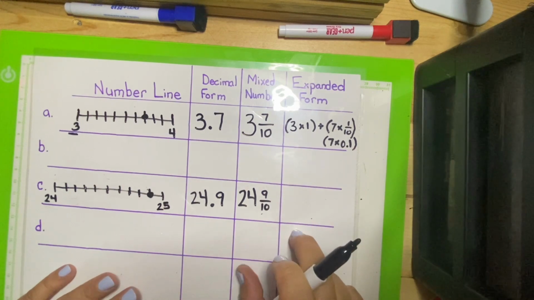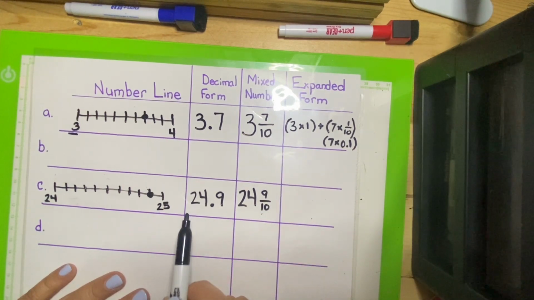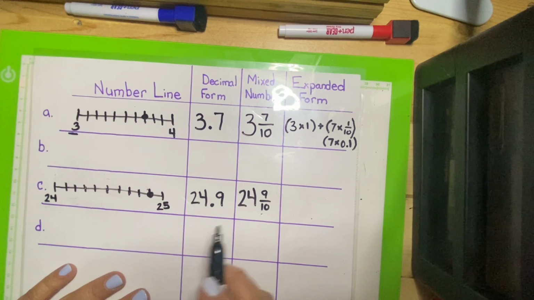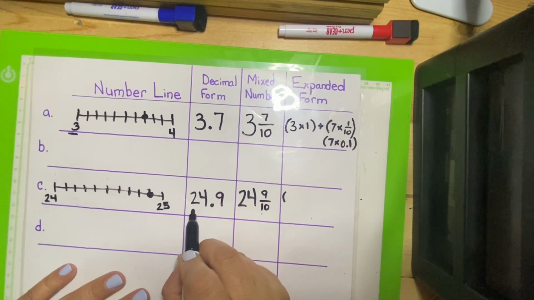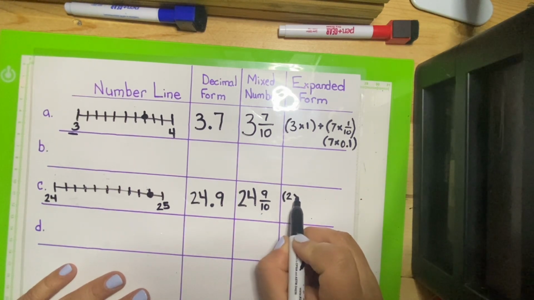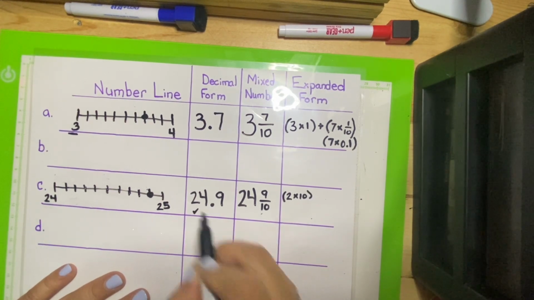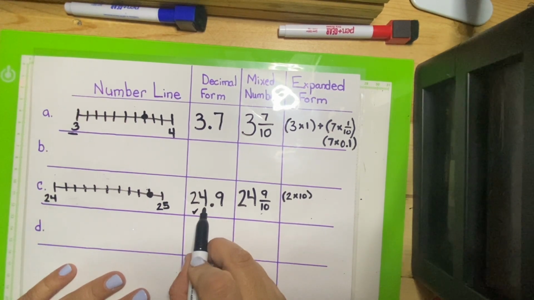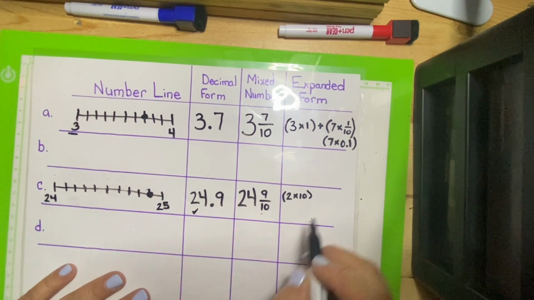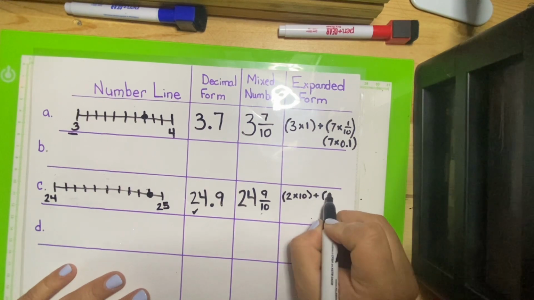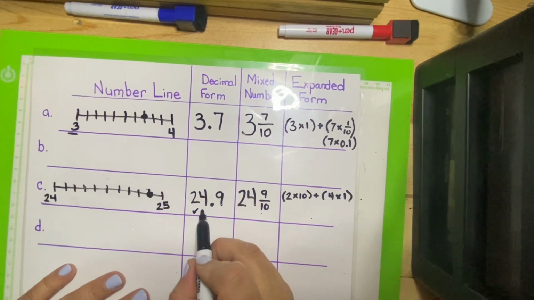And expanded form is a little bit different than up here because now I have a 10. I have actually 2 10s. So I've got to think, if I have 2 10s, I have 2 groups of 10. That takes care of this number. I have 4 groups of 1 because this is the ones place. 4 groups of 1 takes care of that one.